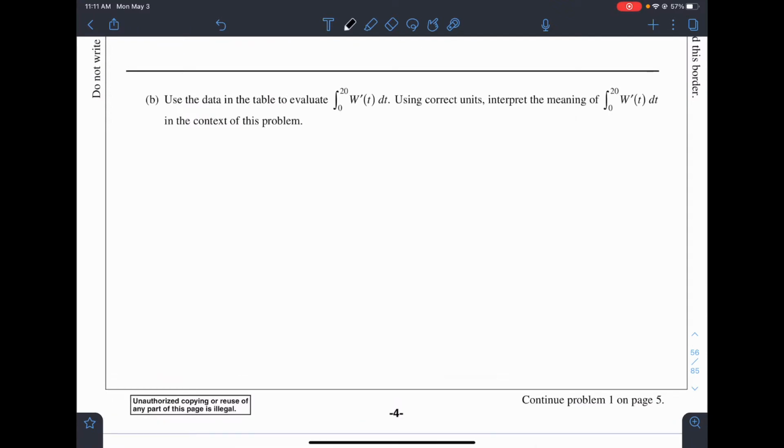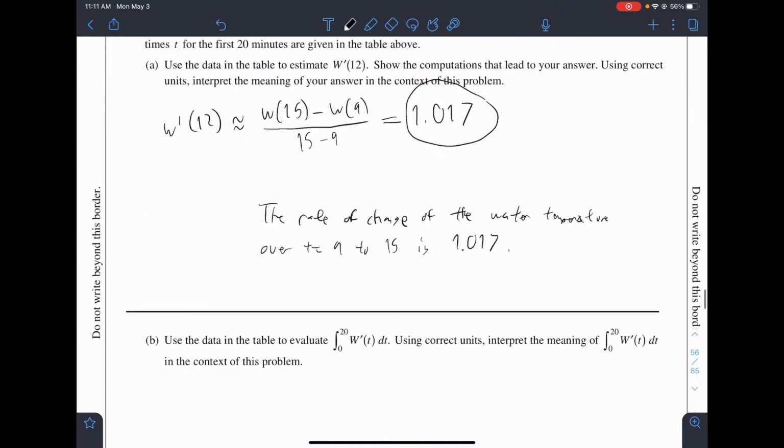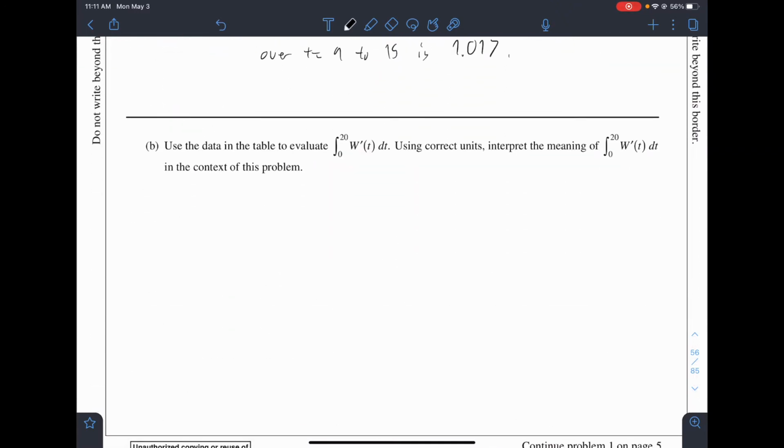For B, we have to evaluate the integral from 0 to 20 of W prime of T dt. And how we can do this is we can set up a start plus change problem. So W of 20 equals W of 0 plus the integral from 0 to 20 of W prime of T dt.